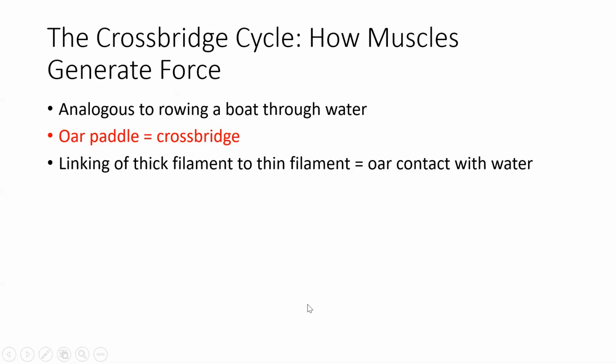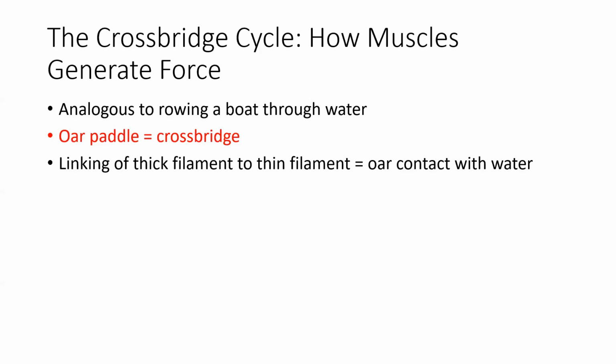Okay, now one way to make an analogy that makes this make sense is thinking about rowing a boat on water. So we're going to compare an oar paddle. If you think about an oar paddle that you would dip into the water and row, moving some water behind you as you propel the boat forward, we can think of cross-bridge cycling in a similar fashion.